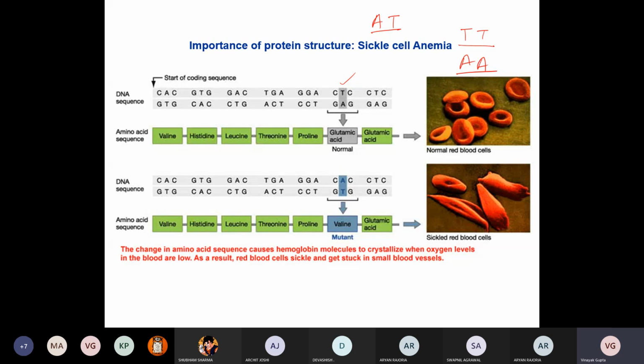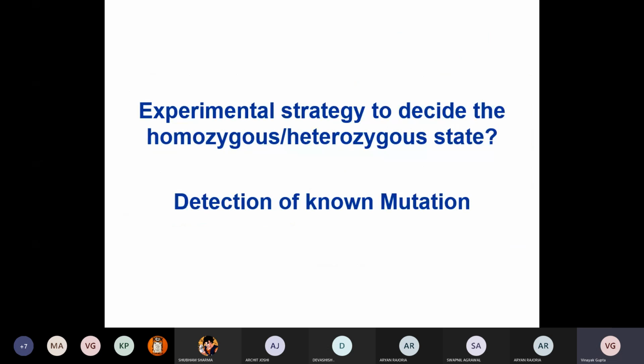The only restriction to the technology which we are going to discuss is that the mutation should be known, similar to sickle cell anemia. We want to work on sickle cell anemia, and this is a very well-known mutation. So we can do the screening by using the technology which we are going to discuss today. That's why I have given another title: detection of known mutations for a particular genetic disorder.